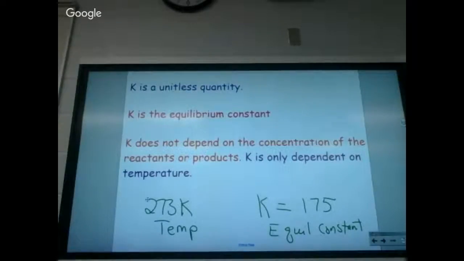The nice part about being in a first year class is you do not have to know the rules for how temperature affects K. You only have to know that it does affect K. If you were taking an AP level class, you would have to know whether it's endo or exothermic and whether temperature made it go up or down, but you just need to know that temperature affects the equilibrium constant. That's all you have to know.